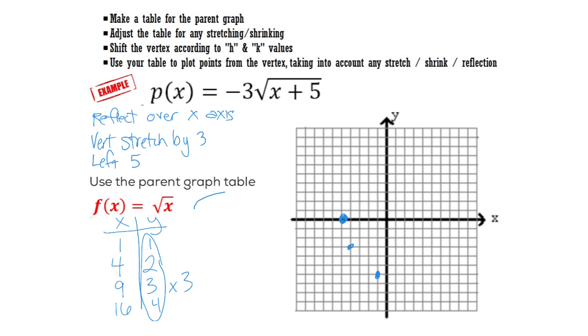Next one, over 9, not up 3, but over 9, down 9. All right, so over 9, down 9 takes me to right here. All right, I think I'm going to be out of luck on the next one. It's going to end up off the graph. So let's go ahead and make this kind of sideways parabola looking thing, and then it's just headed that way.